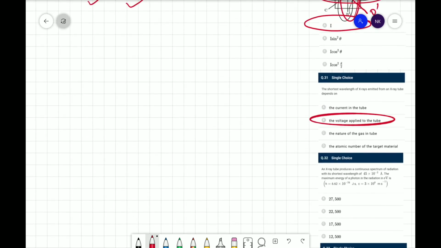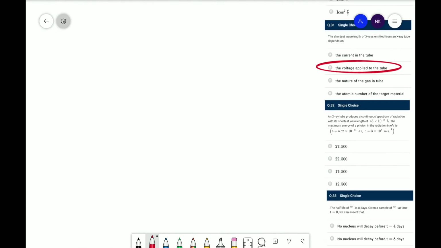Moving towards the next question. An X-ray tube produces a continuous spectrum of radiation with its shortest wavelength of 45 into 10 the power minus 2 angstrom. The maximum energy of a photon in the radiation in electron volt is.